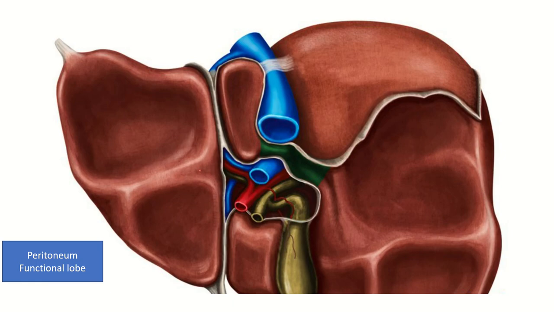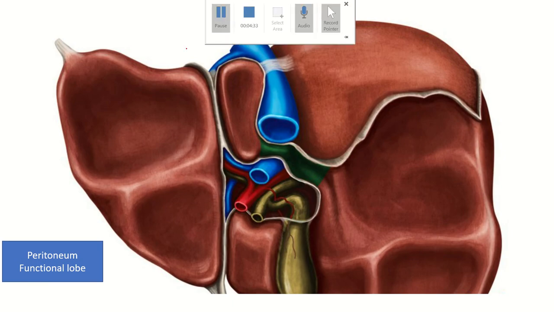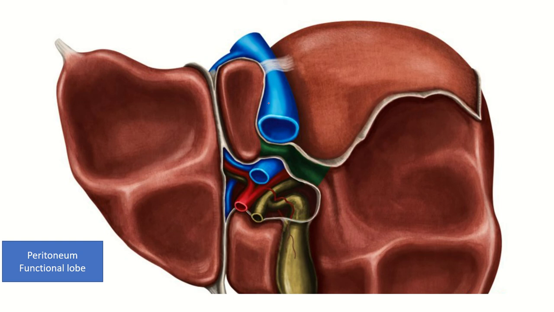So here this is the liver, this is the posterior surface of the liver. We can see the different parts of the peritoneal folding here, but not all of the area is covered by the peritoneum, as there is the gallbladder fossa, where the gallbladder lies, so the peritoneum cannot reach the surface.